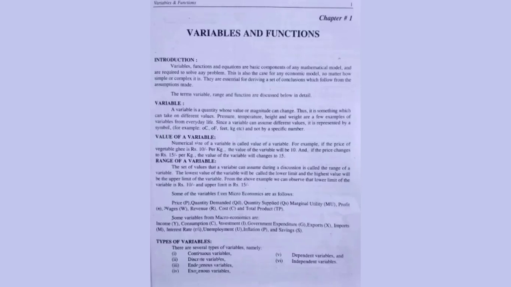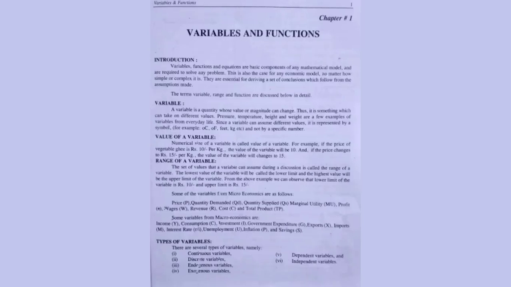Another thing is there, that is the range of a variable. What is the range of variable? A set of values that a variable can assume during a discussion is called the range of a variable. The lowest value of a variable will be called a lower limit, and the highest value of the variable will be called upper limit of the variable.